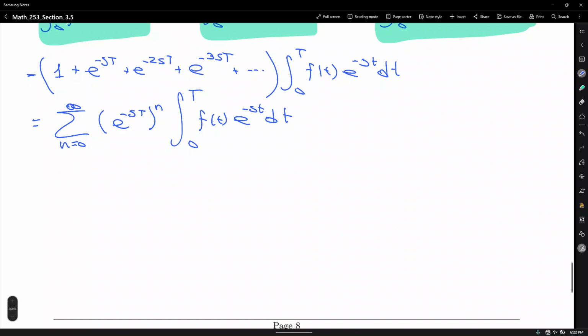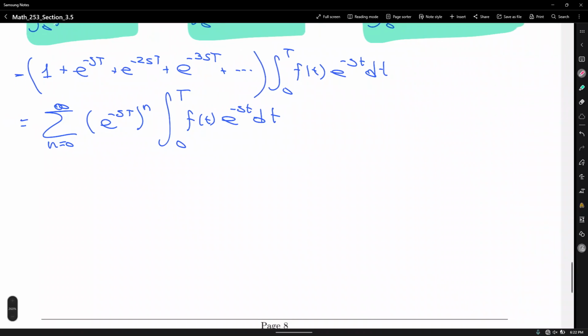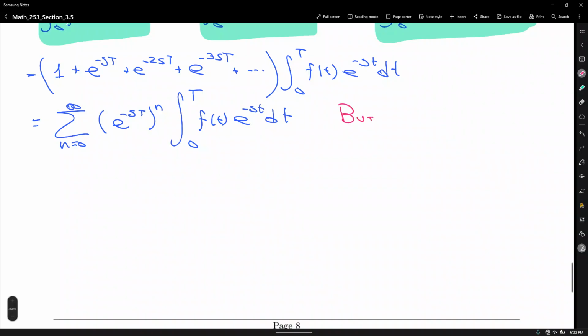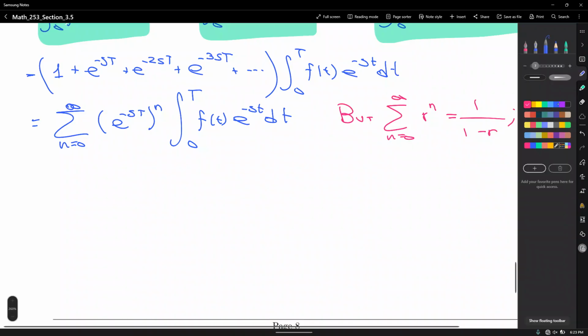So let me recall: the sum from n equals 0 to infinity of r to the n equals 1 over 1 minus r, provided the absolute value of the common ratio is less than 1, which is our assumption here. We want convergence.